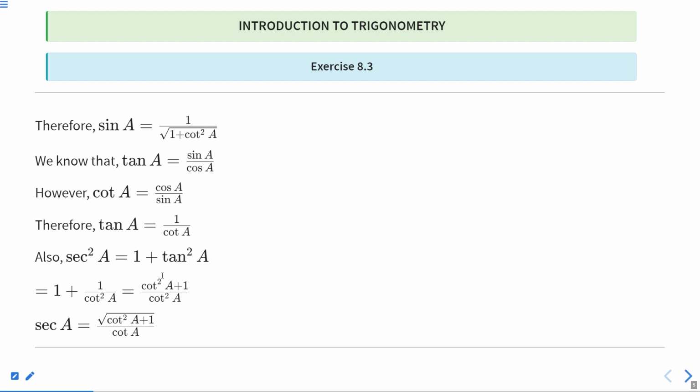So if we use this identity, then we can express the trigonometric ratio sec A in terms of cot A.